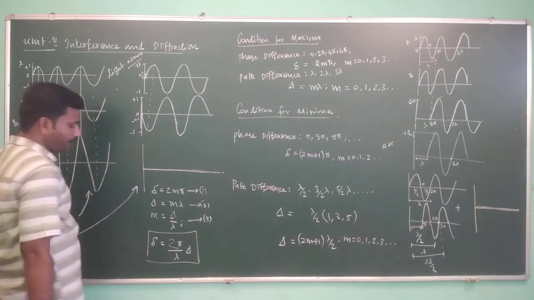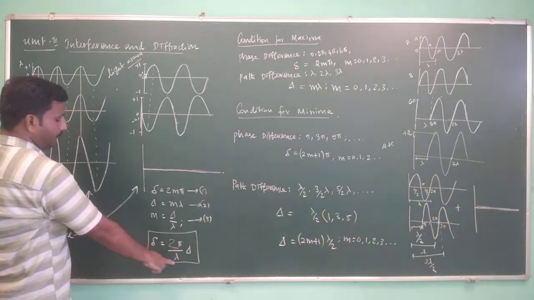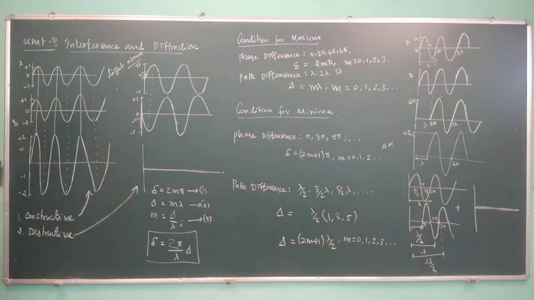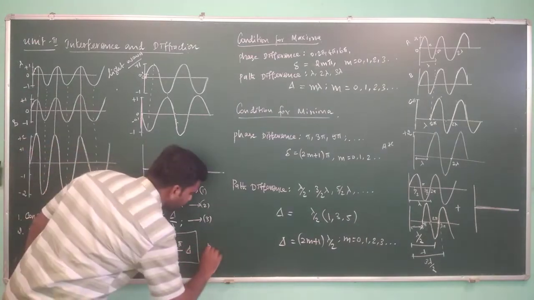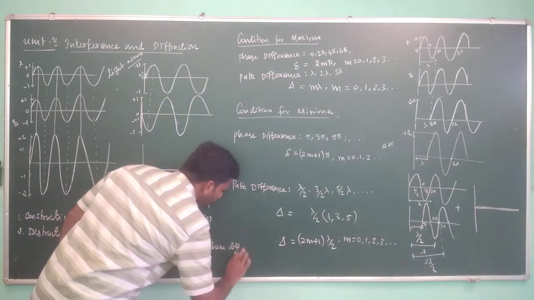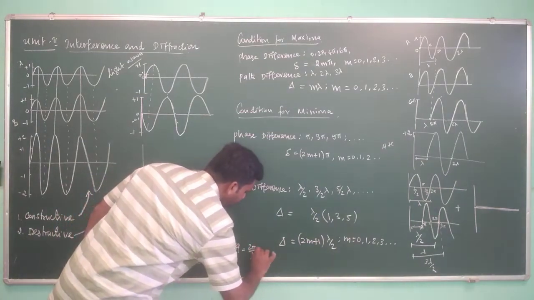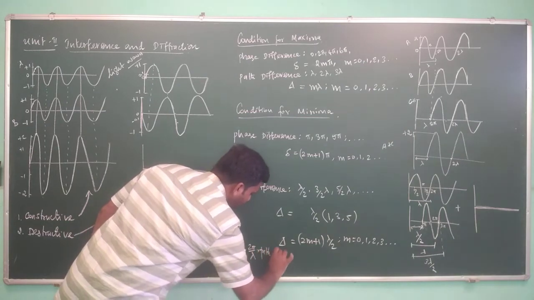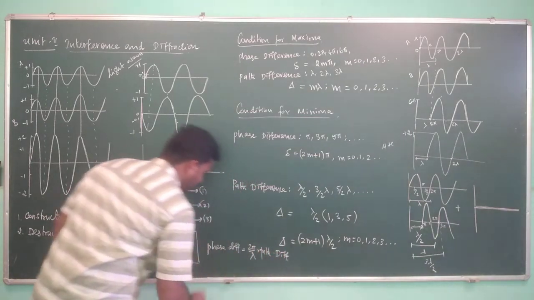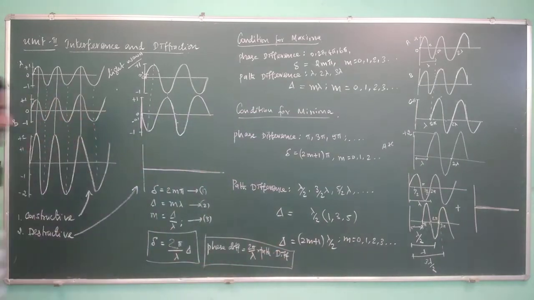Remaining is 2 pi. So phase difference delta is equal to 2 pi by lambda into path difference. This is the relation to connect phase and path difference.